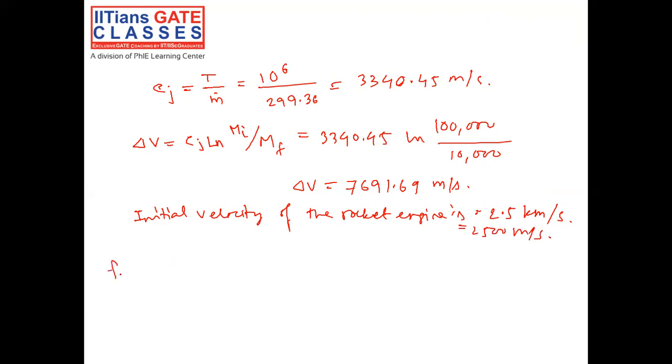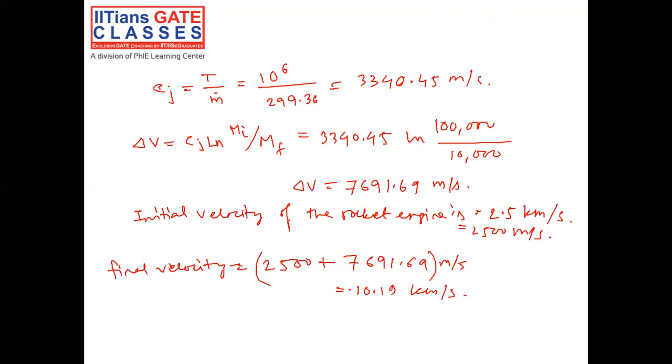So the final velocity is 2500 plus the delta V, which will come something around 10.19 kilometer per second. So this is the answer.